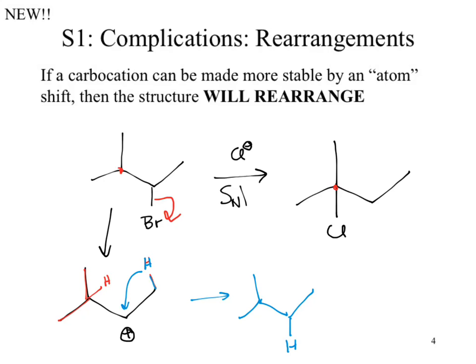It now lost electrons, and our positive charge is now on the end. What kind of carbocation do I have here? Primary. Is that a good thing to do? No, that actually was a horrible thing to do. Okay? So does that happen? No. Sorry for those of you that copied that.